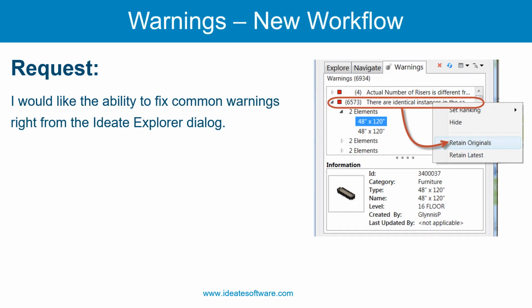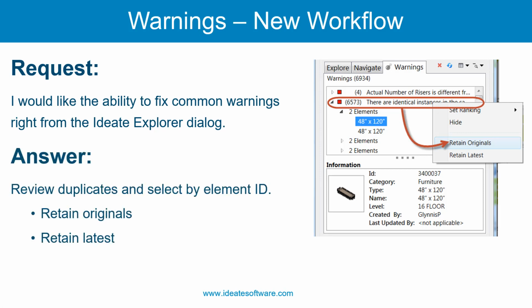We continue to enhance our Ideate Warnings Manager within Ideate Explorer. One of the top requested features is the ability to quickly fix very common warnings within the Ideate Explorer interface. You can now choose to retain originals or retain latest when reviewing the identical instances warnings.